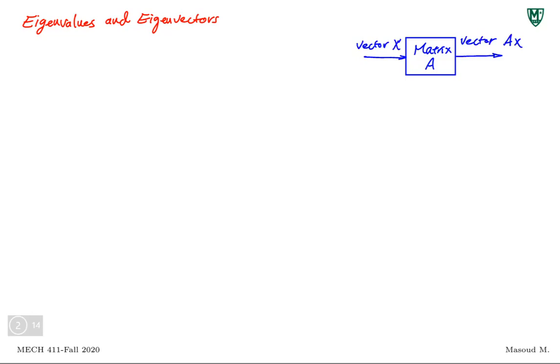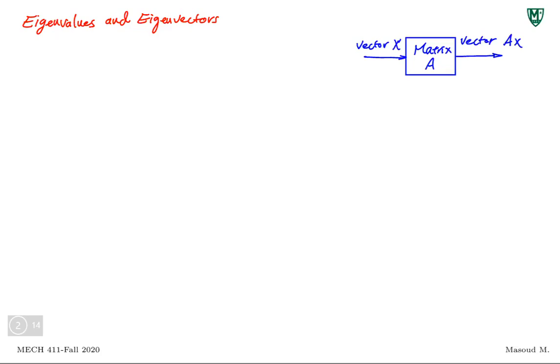So this is the general case. Now, I'm specifically interested in vectors that come out, like Ax vectors, that have the same direction as the vector that goes in as x. So this is a special case. It's not very typical.